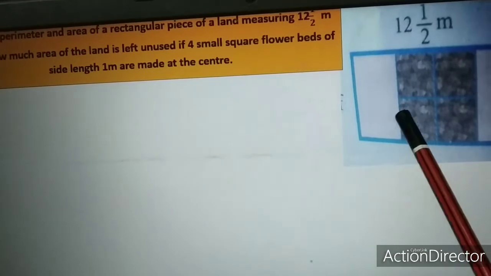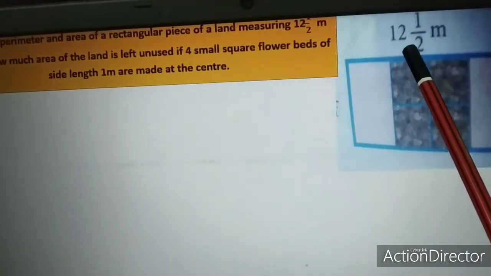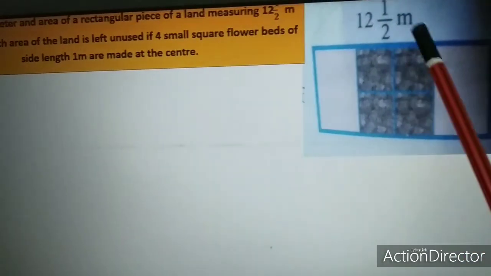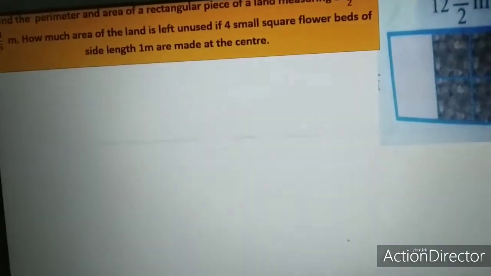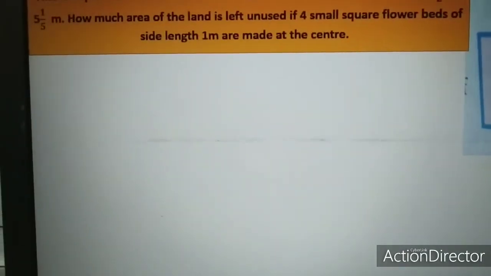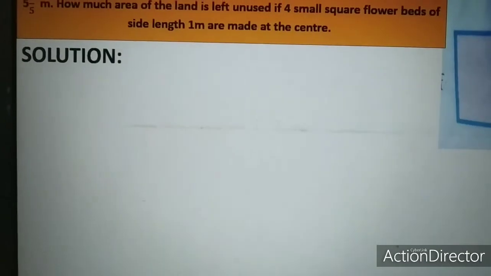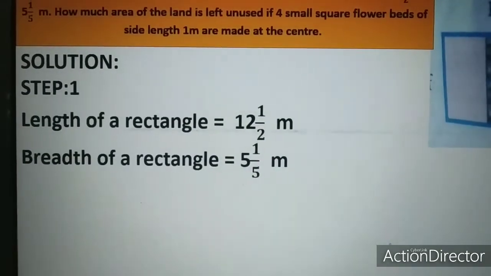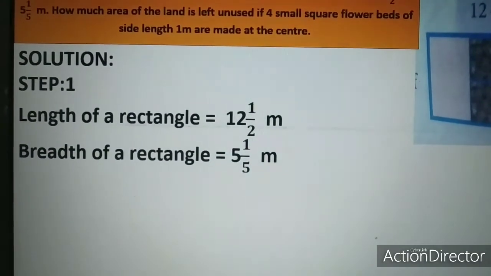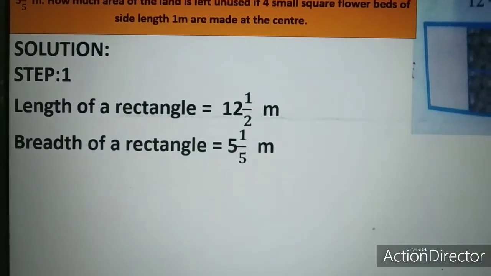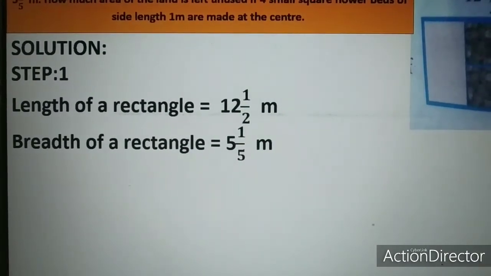First step. So what is the first step? Let us write what is given, that is the length of the rectangle and the breadth of the rectangle. So first you write solution, that is step 1. Write length of the rectangle, which is 12 1 by 2 meter and breadth of the rectangle is 5 1 by 5 meter.